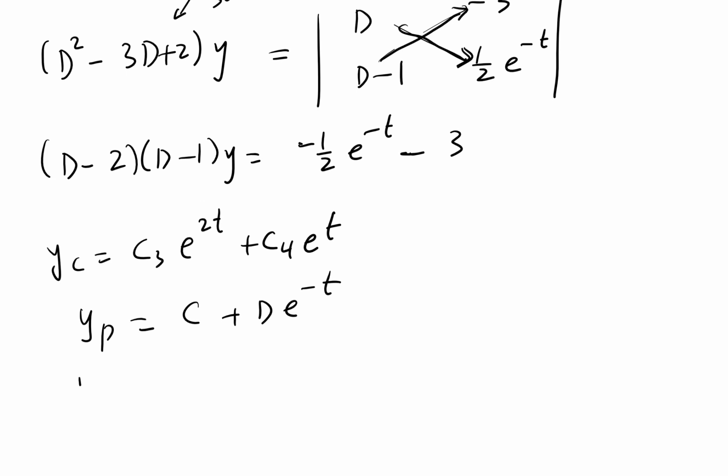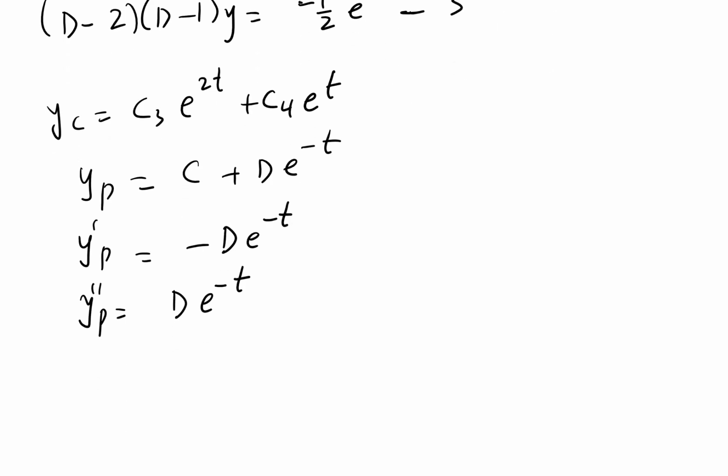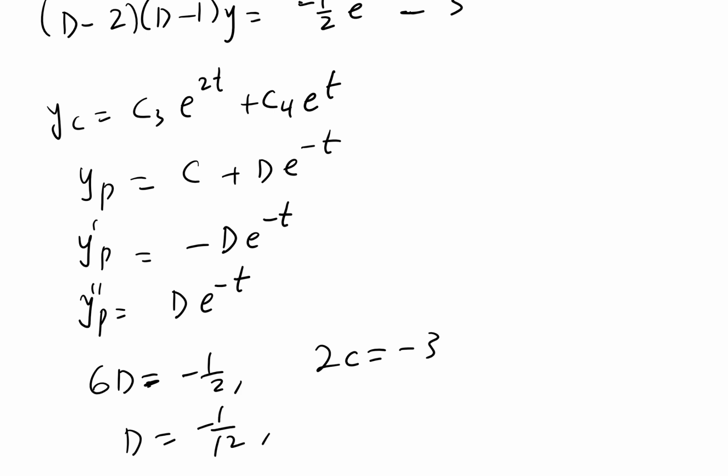And we need to find y prime and y double prime. Negative D e negative t and D e negative t. Then substitute those back in. I got 6d equal negative 1/2 and 2c equals negative 3. So d was negative 1 over 12 and c is, that's a capital C, negative 3/2.